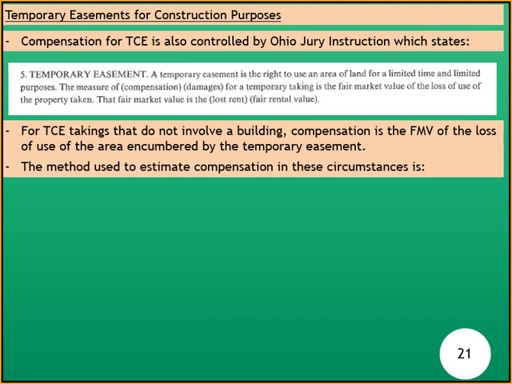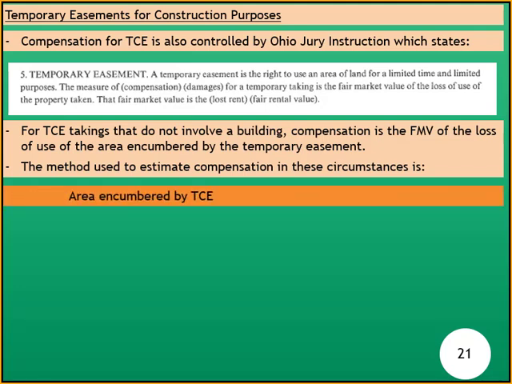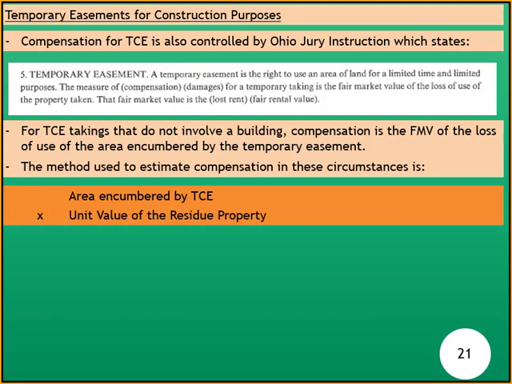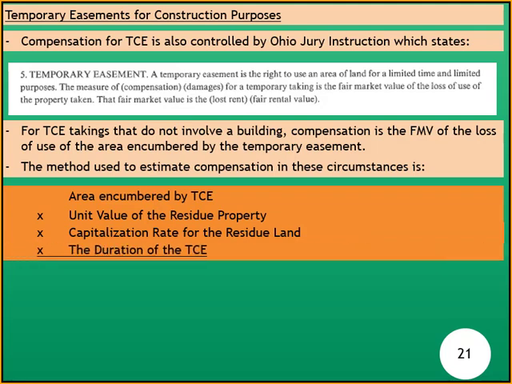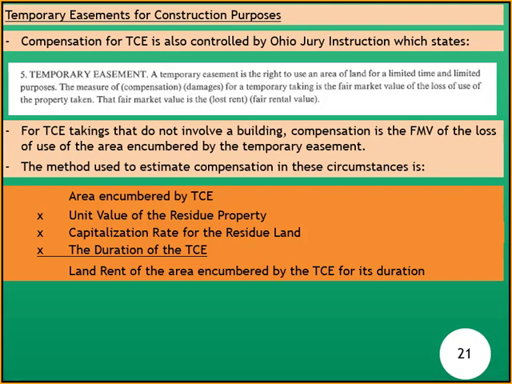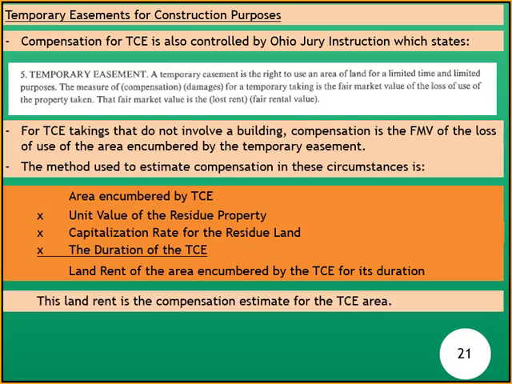The method used to estimate compensation in these circumstances is the area encumbered by the temporary times the unit value of the residue property times the capitalization rate for the residue land times the duration of the temporary, and that will give us the land rent of the area encumbered by the temporary for its duration. The land rent is the compensation estimate for the temporary construction area.